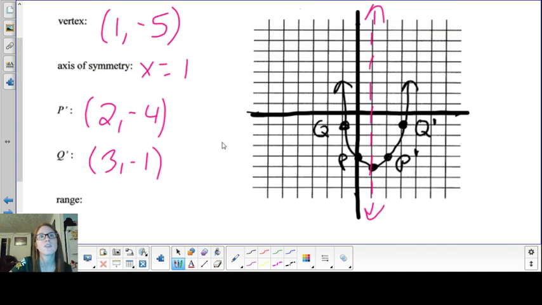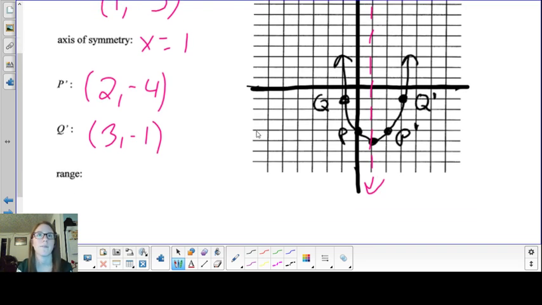Now my range is talking about my y values. We learned way back in Math A that range is what happens with our y's. And when we're talking about parabolas, we're going to use a specific point. Now, my question to you is this. Based on my graph, are my y's ever going to get smaller than this initial point?